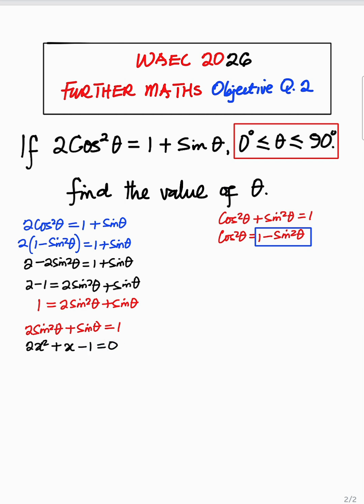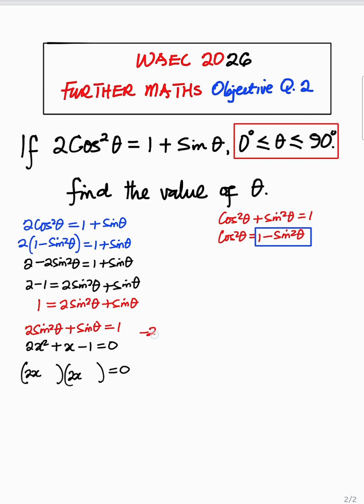So for us to factorize this, all we need to do is open 2 parentheses equals 0. Since the variable has a leading coefficient of 2, put 2 here, and put x here, then put x here. Now we multiply the 2 by the constant -1, which gives us -2.